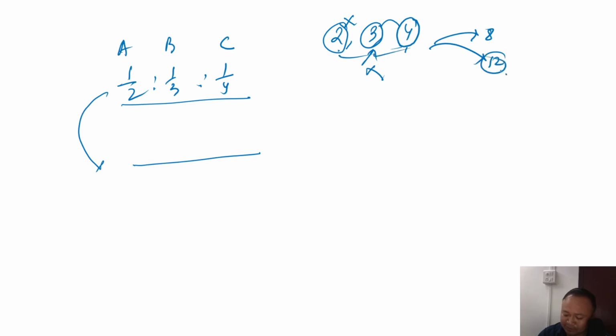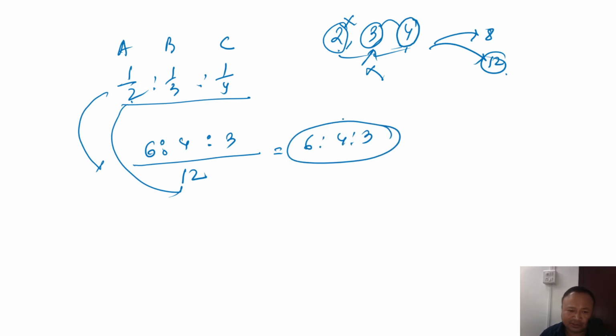Divide 12 by 2 to get 6, divide 12 by 3 to get 4, and divide 12 by 4 to get 3. So 6 is to 4 is to 3 is the ratio from the fractions.